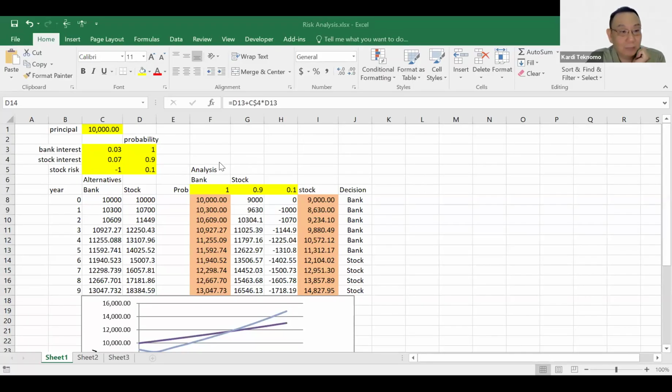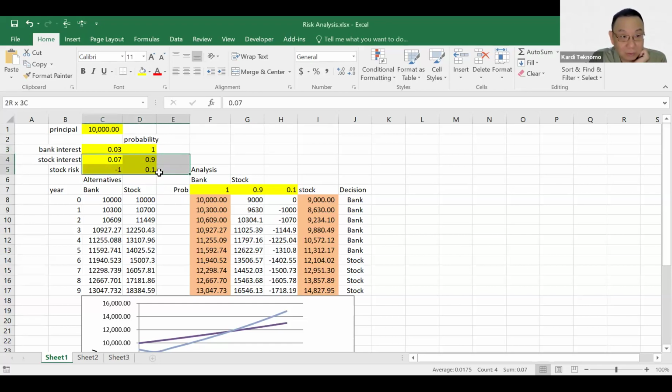Some of you have done it correctly, but some of you answered only the first year, year 0. The problem there is, you have 10K, the principal. If you put it in the bank you get 3% interest, no risk, meaning probability is 1.